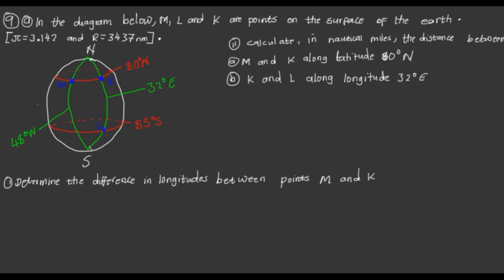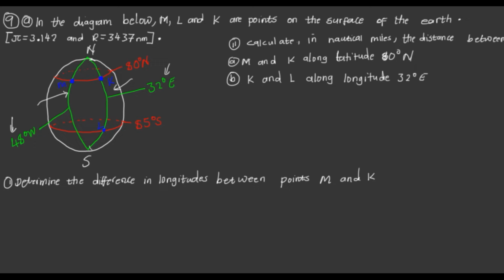The longitude for M is 48 degrees west. The longitude for K is 32 degrees east. If one longitude is located west and the other east, for you to find the difference, you need to add the two longitudes.